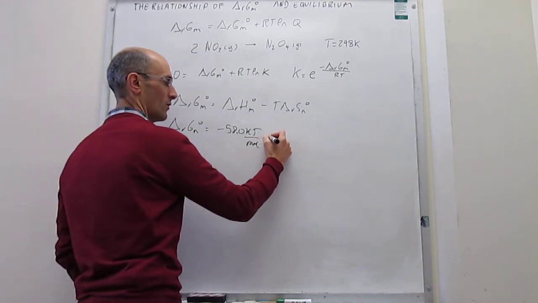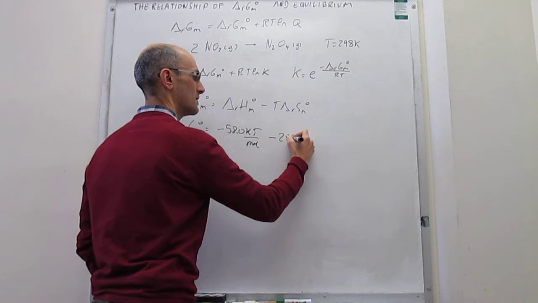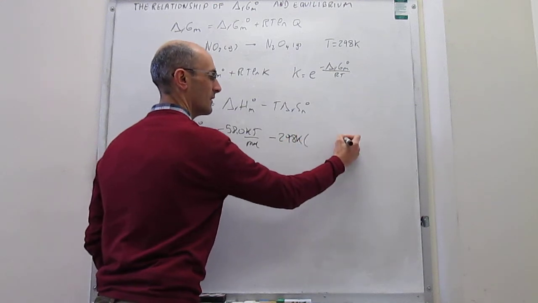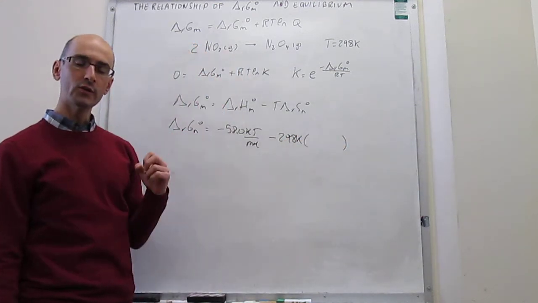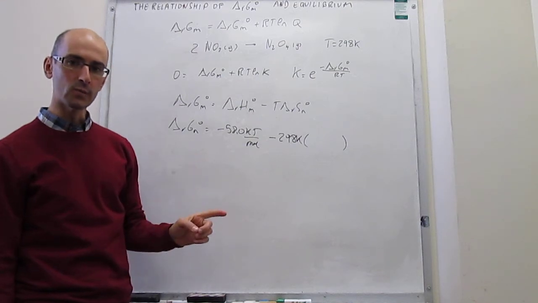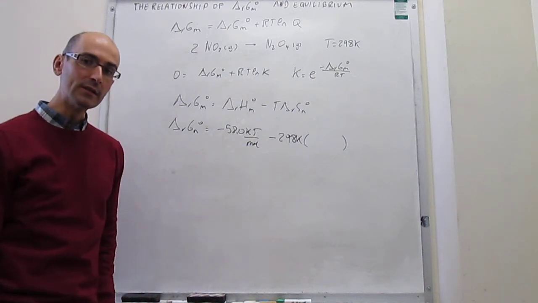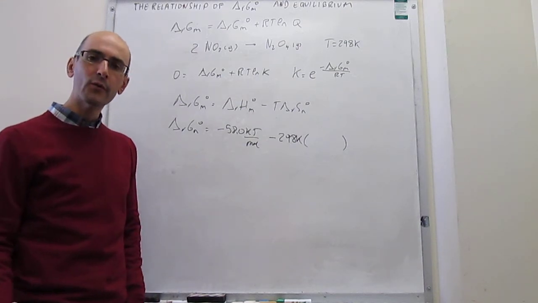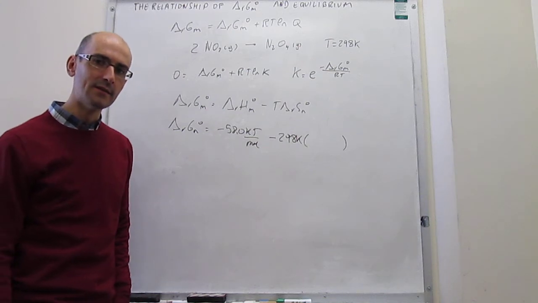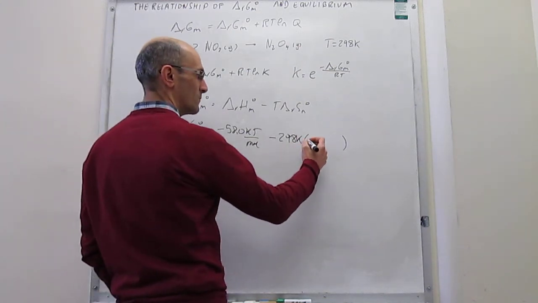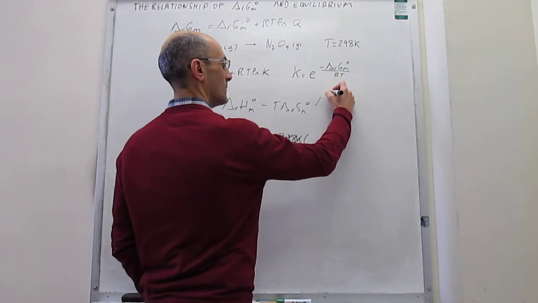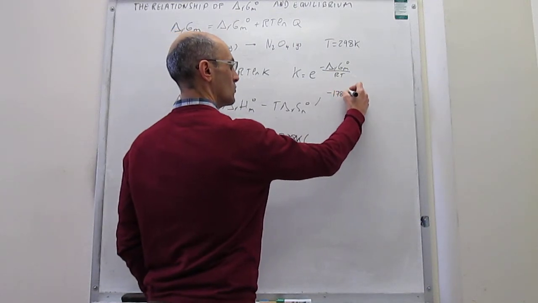Now you will have here minus 298 Kelvin, and then the entropy of the reaction. Notice that here we're turning two gas molecules into just one, so that is going to lead to a loss of entropy, and therefore you expect the sign of the reaction entropy to be negative.